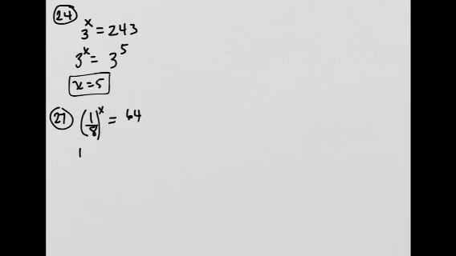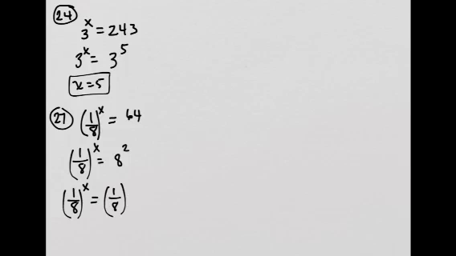Alright, so 1/8 to the x is 8 squared, but remember, the bases have to be the same before we can equate the exponents. So we just write 1/8 to the x equals 1/8 to the negative 2. So that means x equals negative 2.